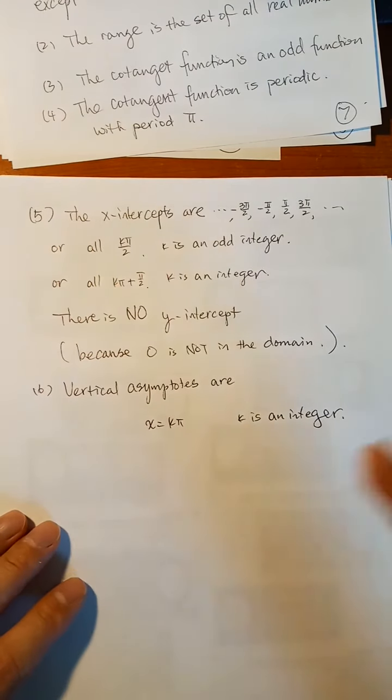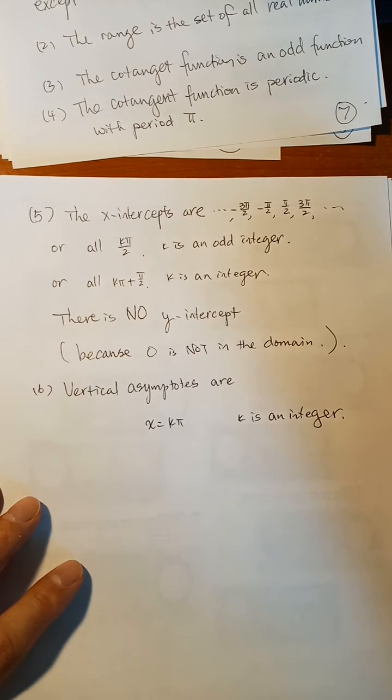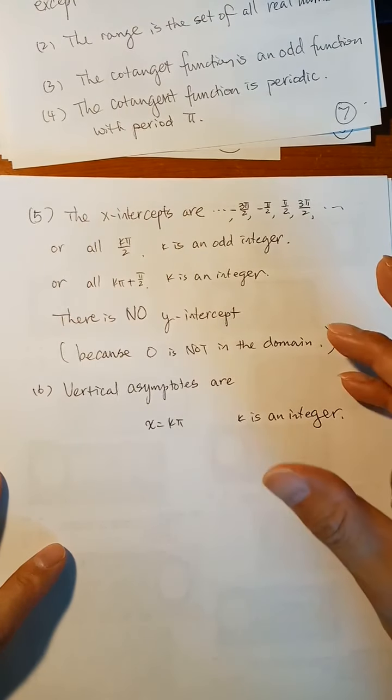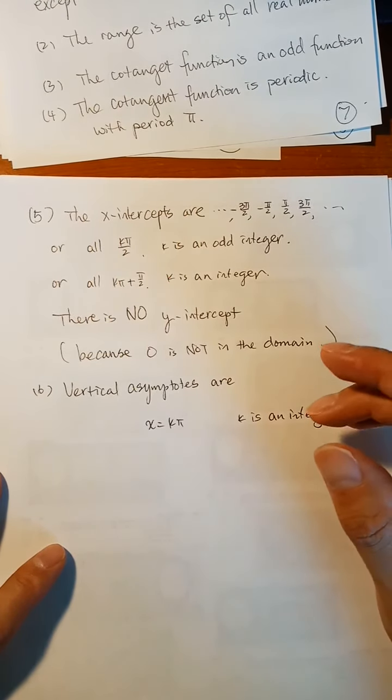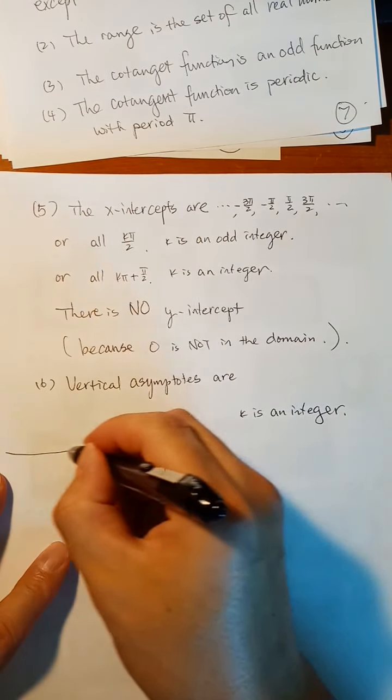You can shift or stretch or compress the graph of tangent and you get another graph of tangent. You can do similar technical steps to get the graph of other cotangent.